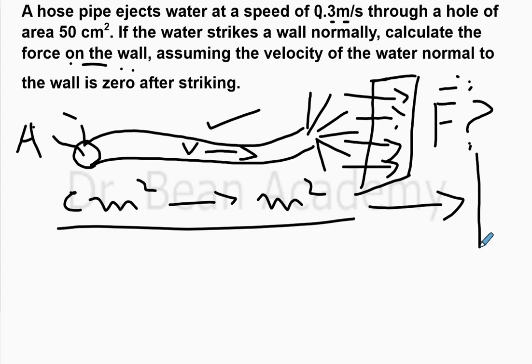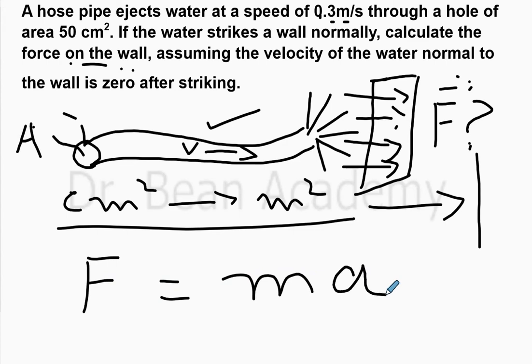So what could be the solution? We need to calculate the force, and if you remember Newton's second law, it tells us about the force F. F equals mass times acceleration.